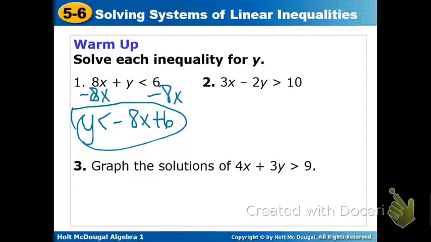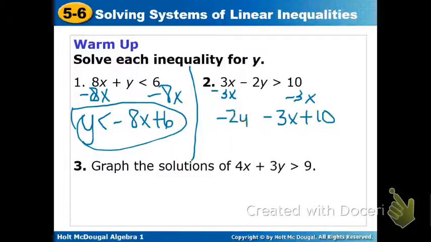Number 2 is a two-stepper. You got to start by moving that x first. So we subtract 3x, bring it to the other side. So you get negative 2y is greater than negative 3x plus 10. Next step is to get that y all by itself, in which case we divide by the negative 2.